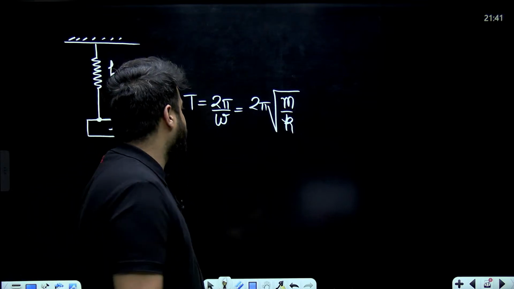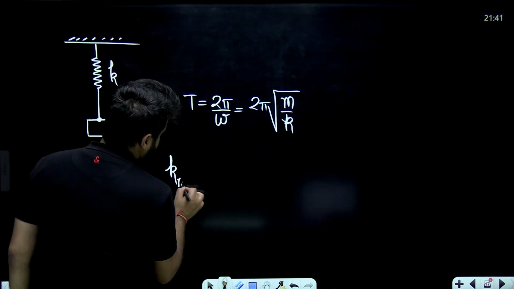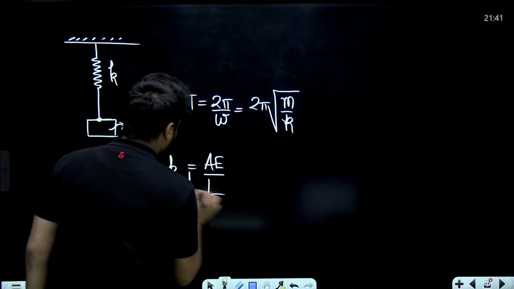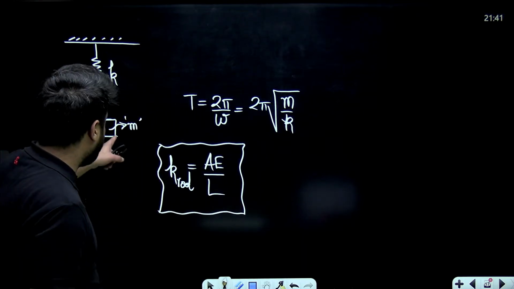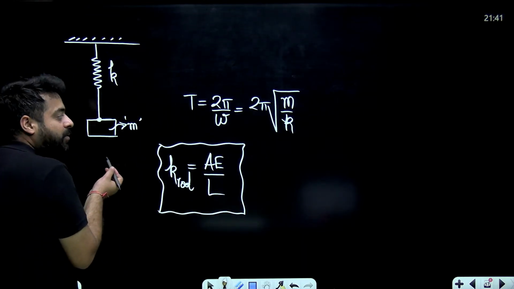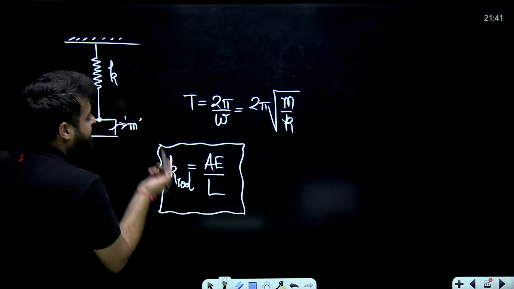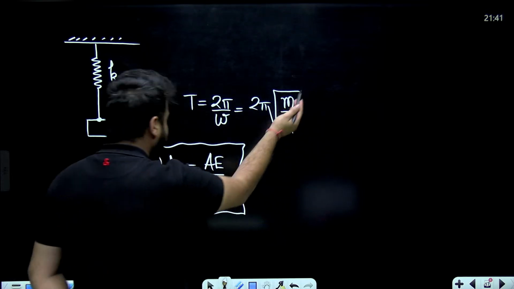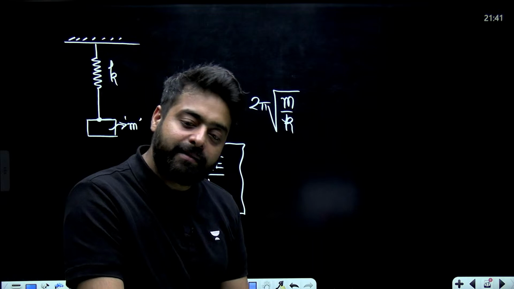So if I give you the k for the rod, which is AE by L, and if I give these properties, can you determine the k? Yes. If I tell you what is the force applied on the body, force is mass into acceleration, or in this case basically mg.